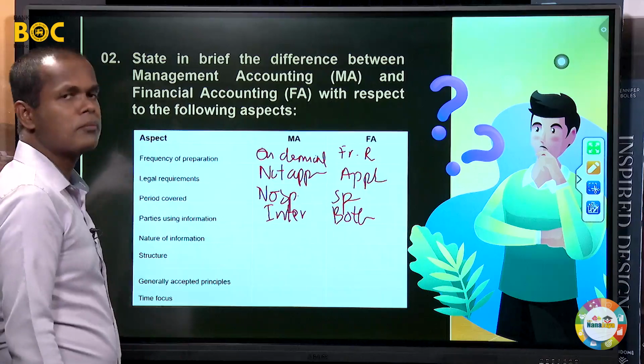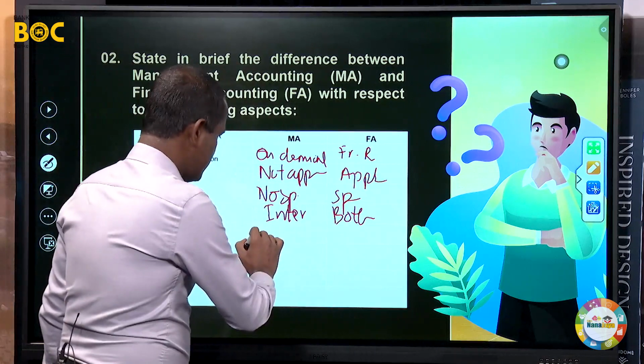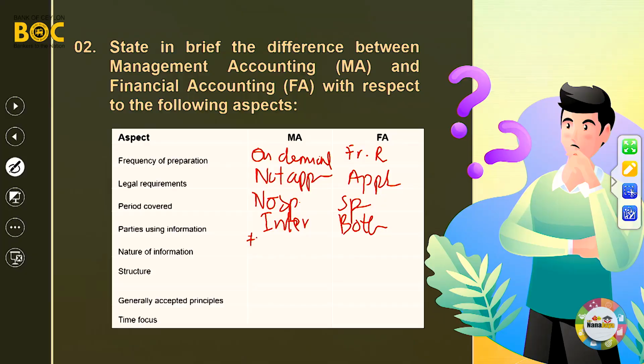The nature of information. In management accounting, you use historical information and forecasted or budgeted information. Historical means past information; forecasted means future information.